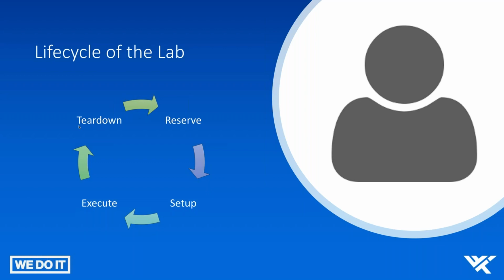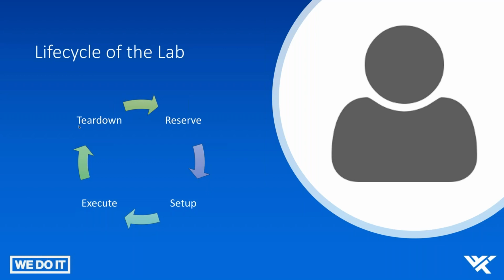when that reservation becomes active, we need a way to set it up and make sure it's ready for that engineer. So configure all the routers, switches, wireless LAN controllers, the appliances, security, Identity Services Engine, and make all that stuff in a state that the end user can work through whatever the lab guide or demo is for him.